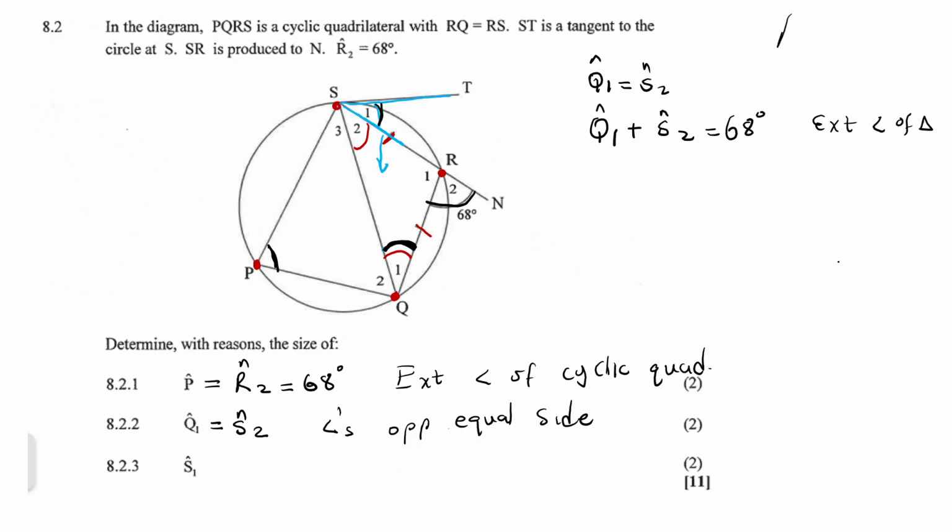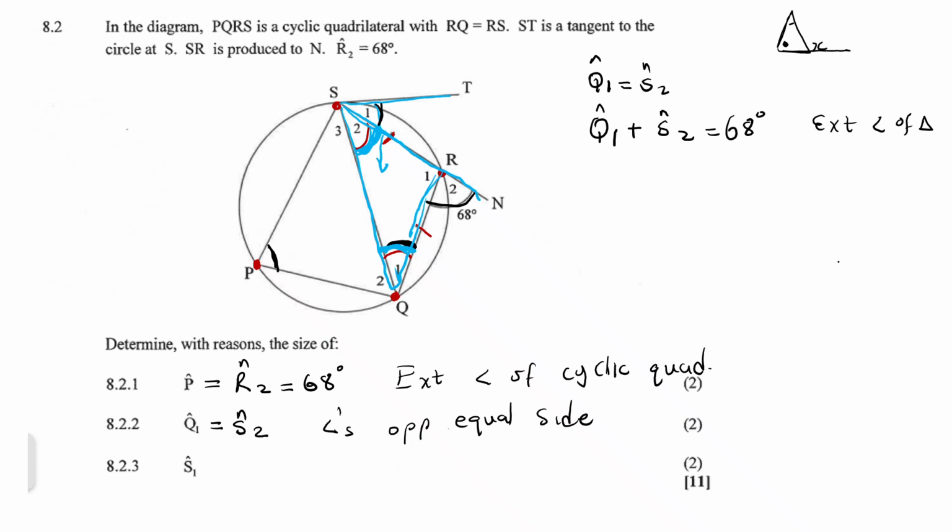So if I have a triangle like this and I have an exterior angle here, this angle is equal to the sum of the two interior angles. So which one am I referring to? This is my triangle here, and that triangle has an exterior angle which is R2. So when we add these two interior opposite angles, they should give us R2.